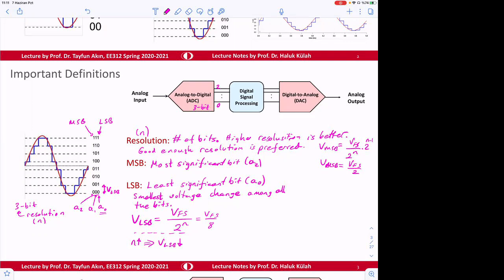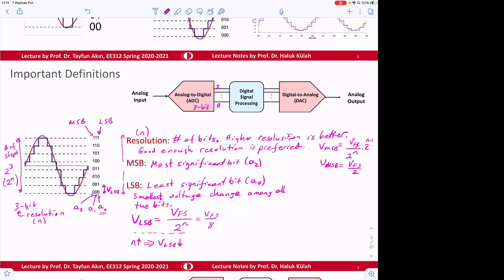So how many steps we have in the 3 bits means the number of steps is going to be 2 to the power 3, or 2 to the power n in general. Okay, so this is called V full scale, voltage full scale.